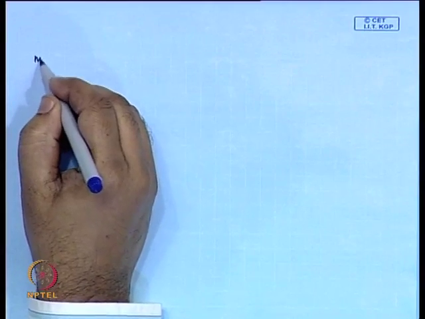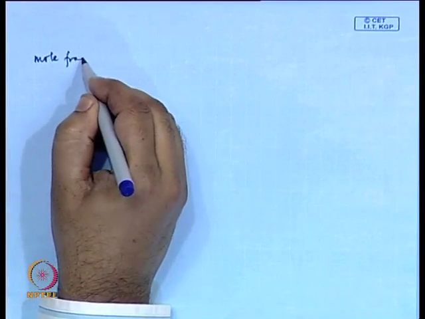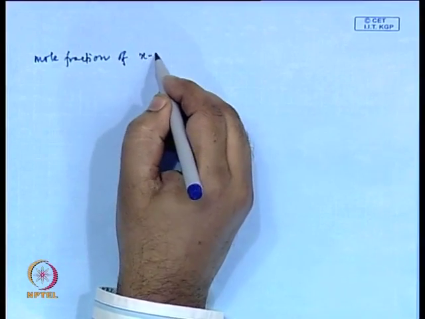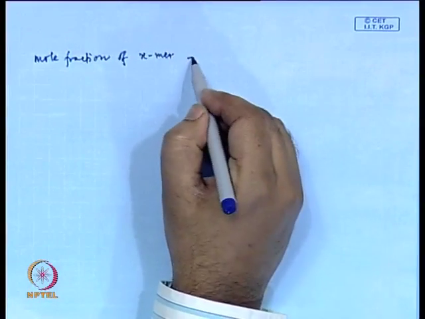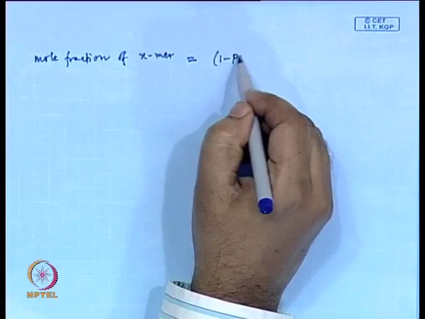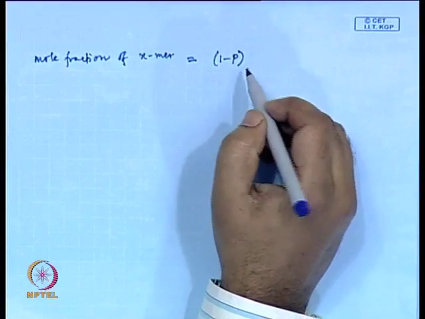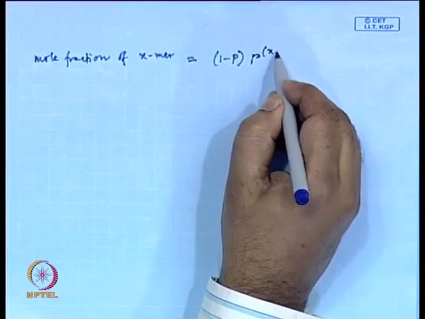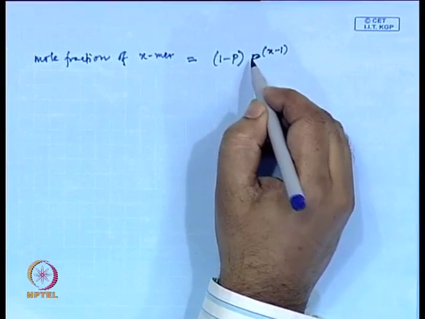Again I write, the mole fraction of x-mer is given by 1 minus p, p to the power x minus 1.